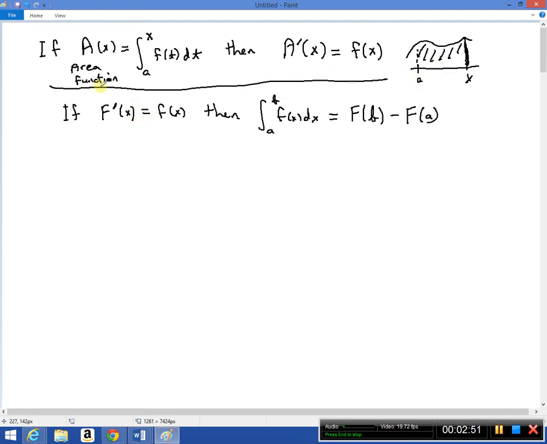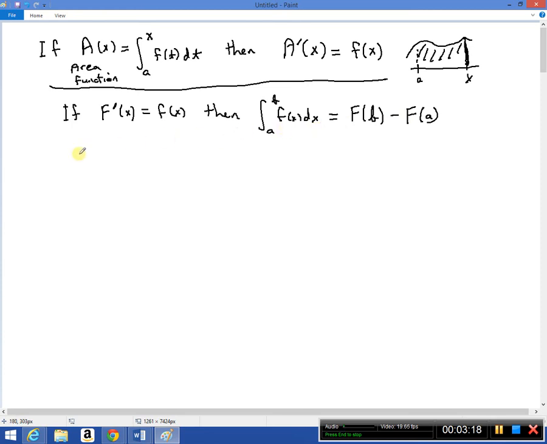But the area function itself is an antiderivative for little f because of this result, the Fundamental Theorem of Calculus Part 1, that says that the derivative of this area function is little f. Okay, now before we can go on, I've got this problem of what about other antiderivatives? Is it possible that some other antiderivative, if I plugged it in here, would give you a different answer?